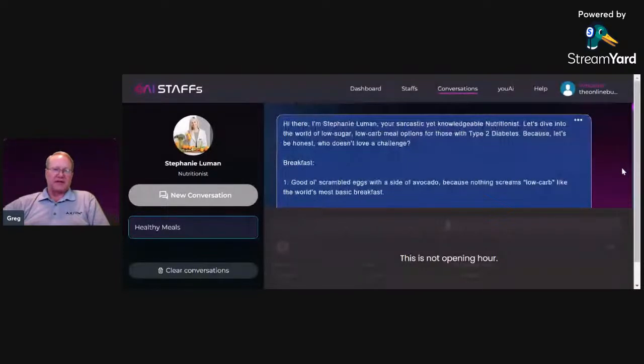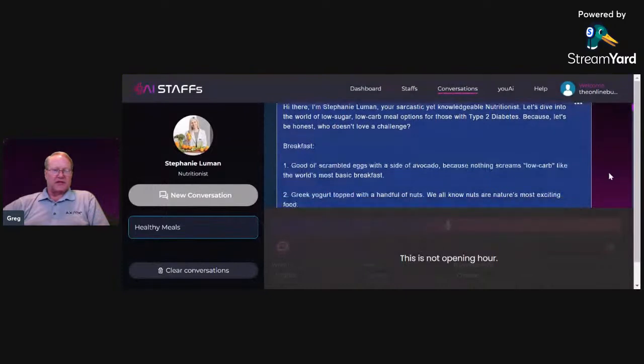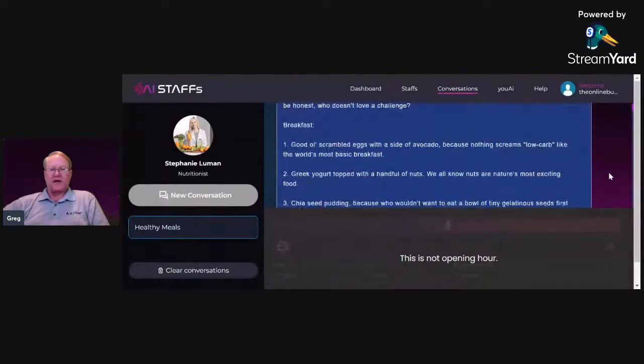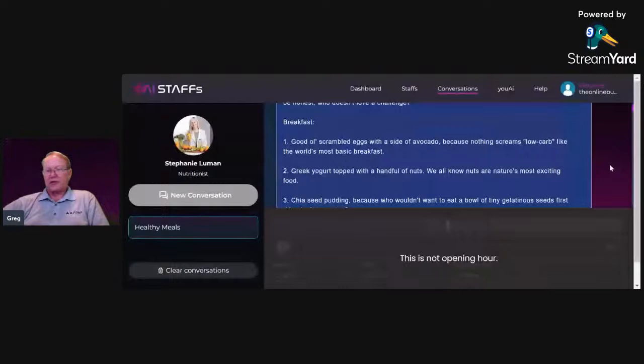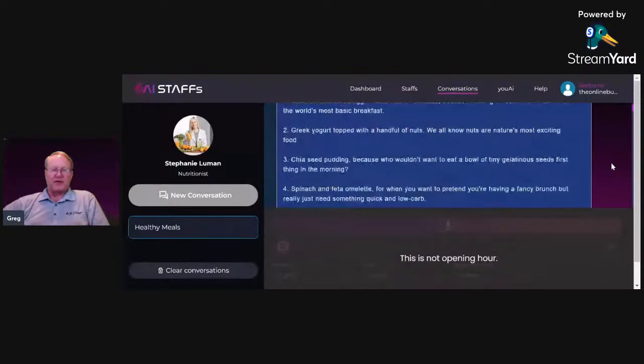Hi there, I'm Stephanie, your sarcastic yet knowledgeable nutritionist. Let's dive into the world of low sugar, low carb meal options for those with type 2 diabetes. Because let's be honest, who doesn't love a challenge? So for breakfast, it gave us a few examples. Good old scrambled eggs with a side of avocado, because nothing screams low carb like the world's most basic breakfast. We had the Greek yogurt topped with a handful of nuts.